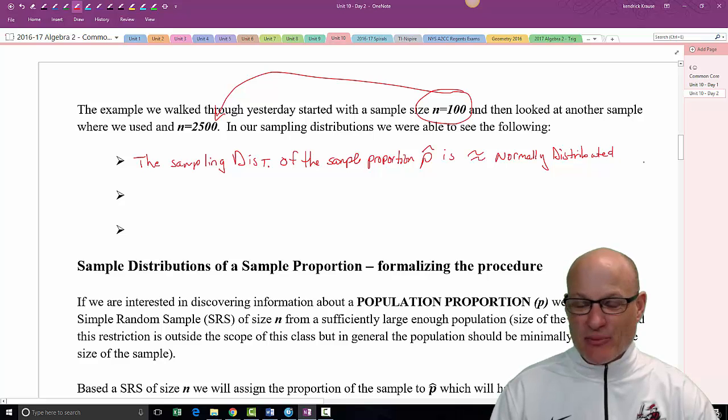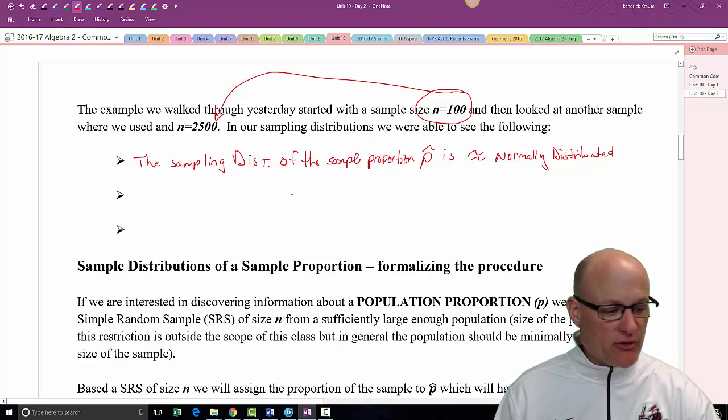You always have to say approximately unless it's perfect. And it's probably never going to be perfect. So it's approximately normally distributed.